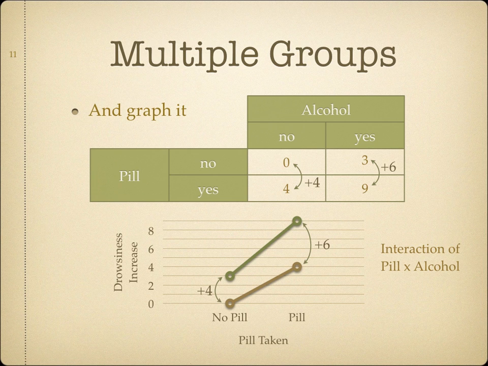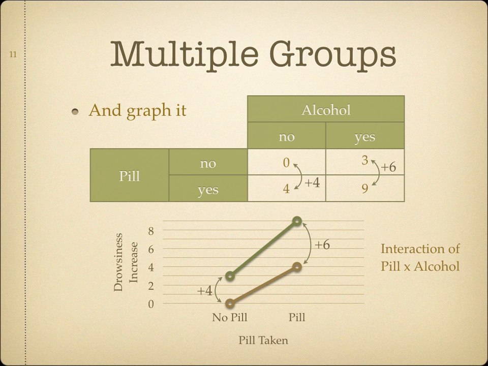Now this is evidence of an interaction effect. The effect of alcohol is 4 points if you did not have a sleeping pill, but is 6 points if you did have a sleeping pill. That is, how much effect there is due to alcohol depends upon whether or not you had a sleeping pill too. And so we're able to say that the alcohol and the pill interact.